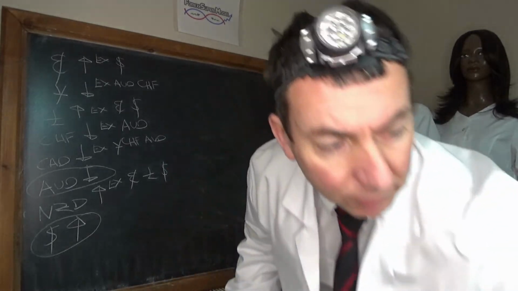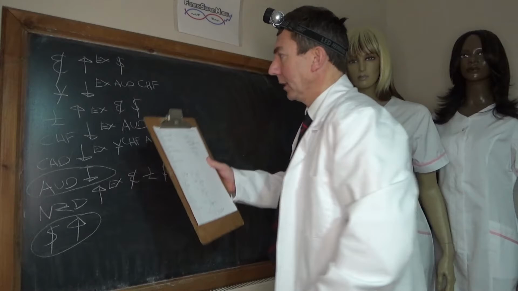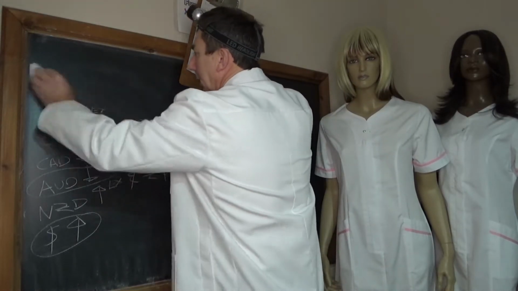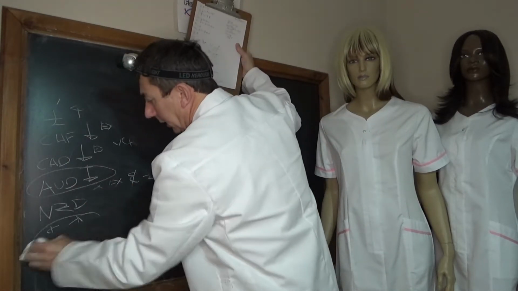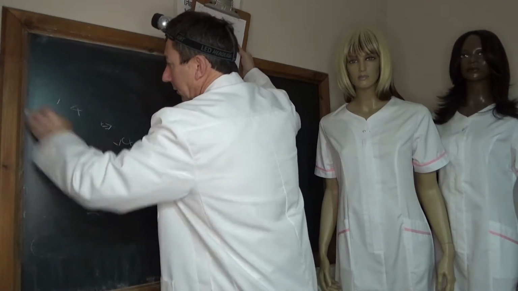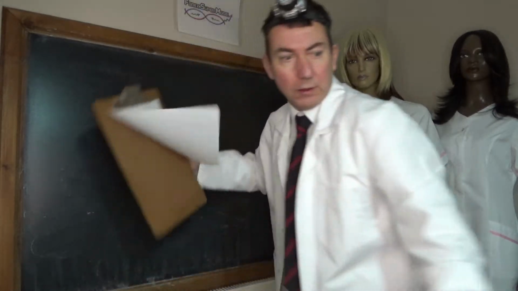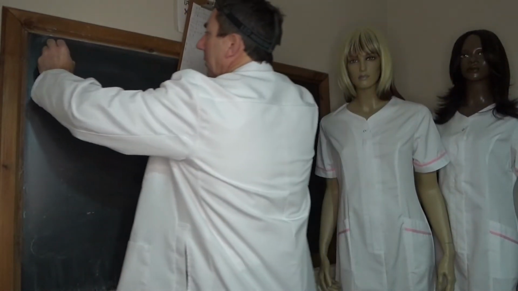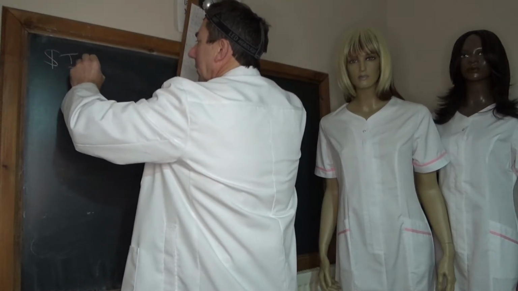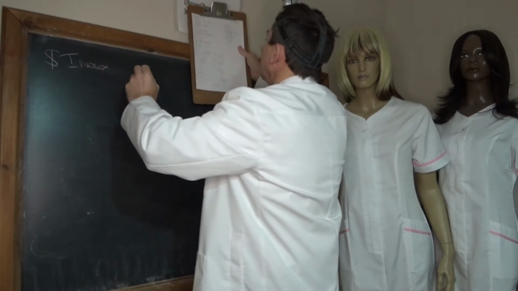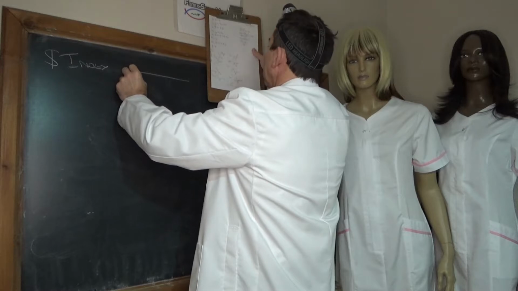Right, so let's get rid of this, and let's have a look at the wider asset classes. First one we tend to look at is the dollar index. Right, dollar index basically looks like this.